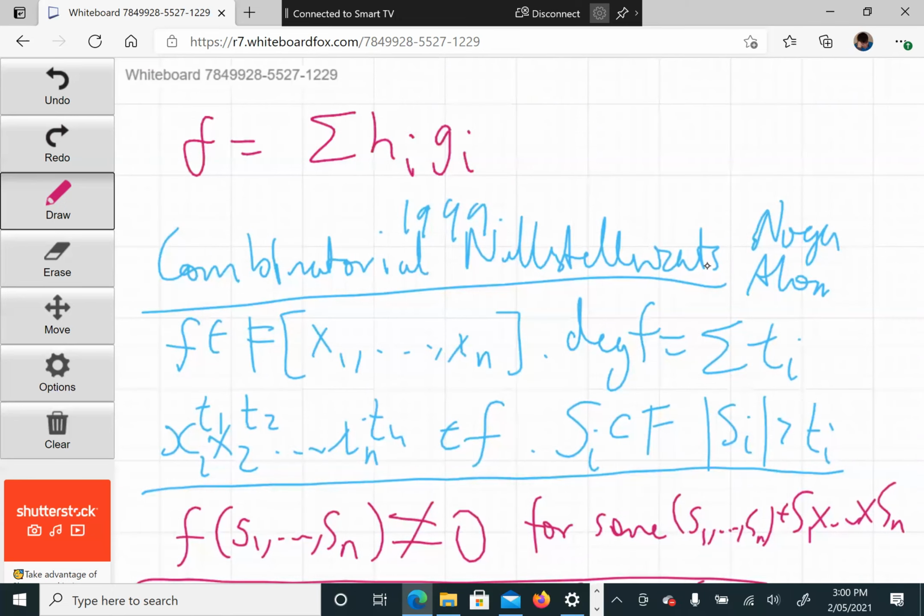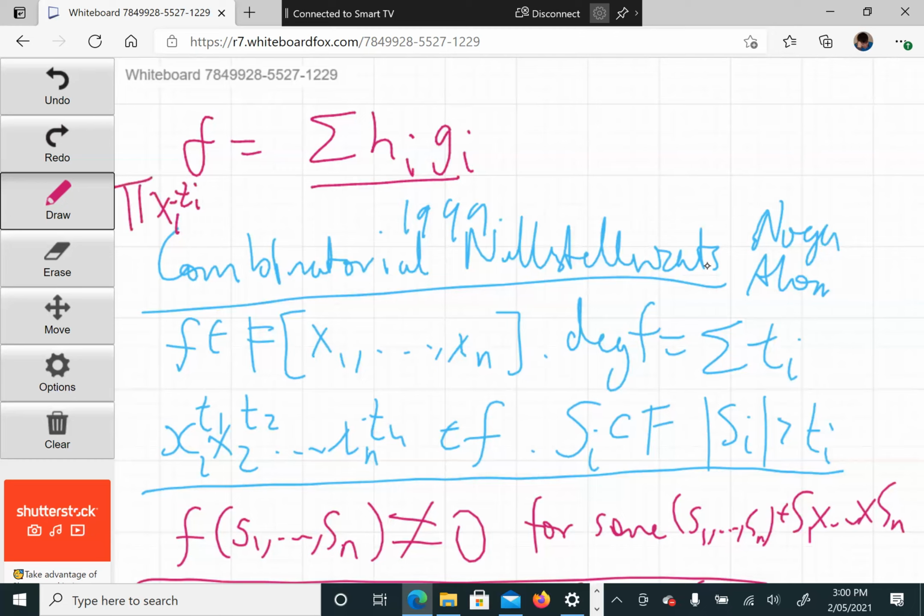The sum of ti must be greater than the degree of hi gi, and I think that just doesn't work. So the key thing is that f has to have this monomial in that way. So if f has it, then this has it as well. So the xi term.